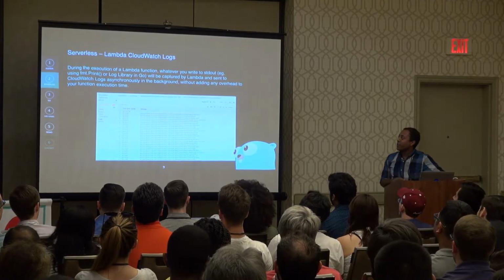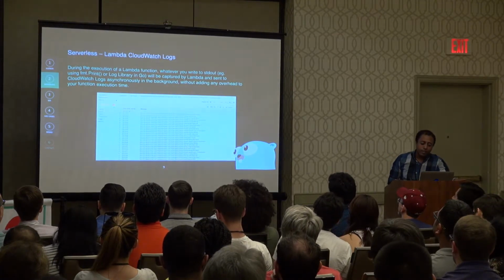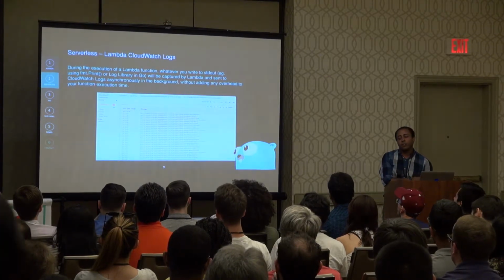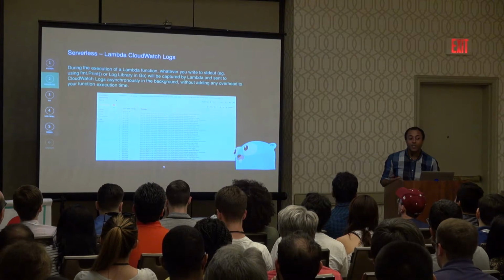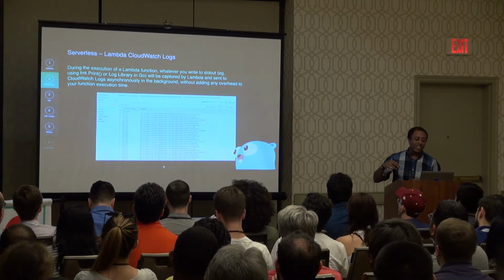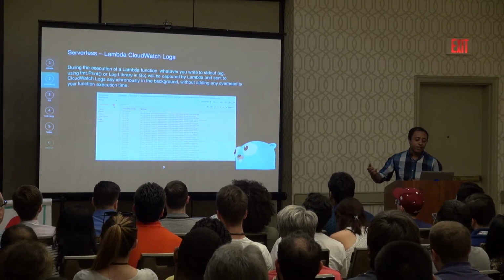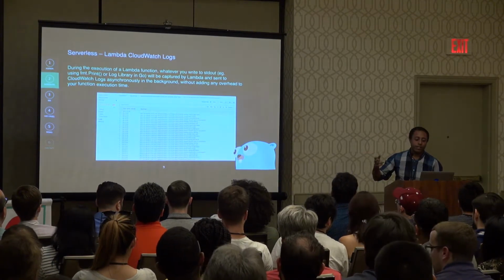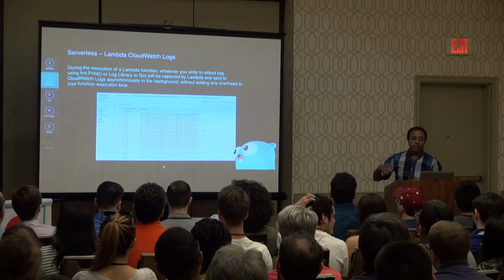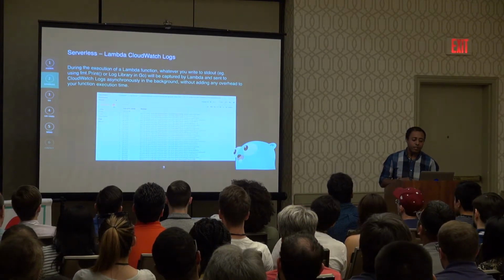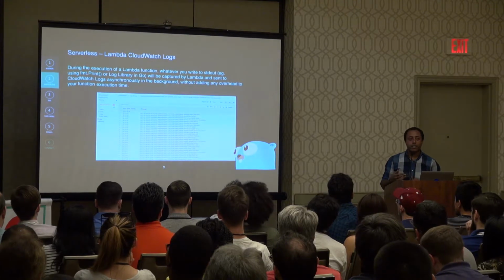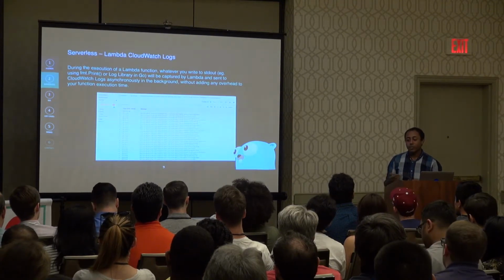So this is what I mentioned before, CloudWatch logs. A lot of times when you run your application, you're logging. Hopefully you're logging everything you're doing. The way CloudWatch works for Lambda functions is it grabs everything that you're printing, whether it's logger info or standard out prints, and you get that back, and it doesn't hinder your performance at all.